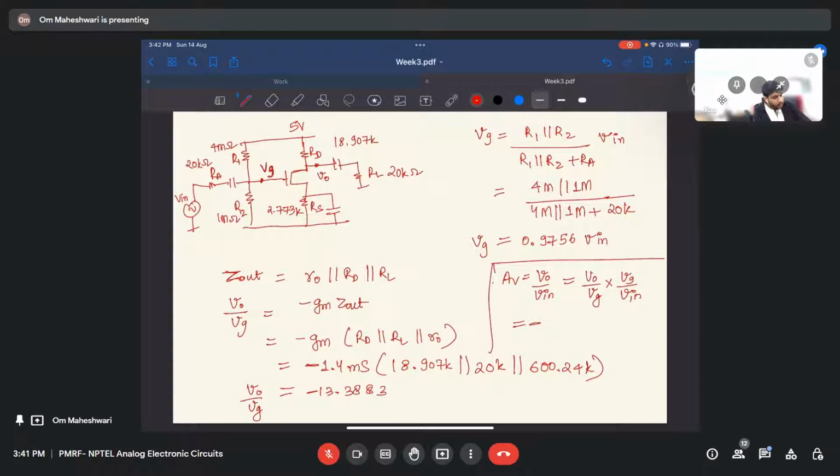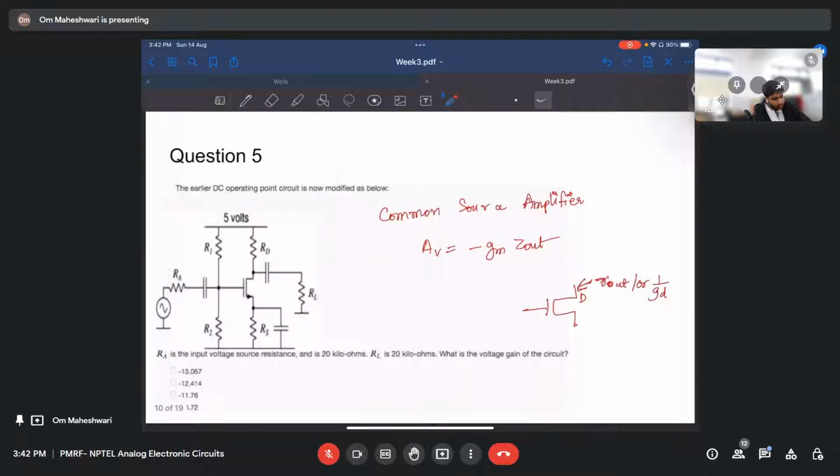So it will be minus 13.388 into VG by V in, which is 0.9756. We will get minus 13.06. This is AV, and this will be the answer.